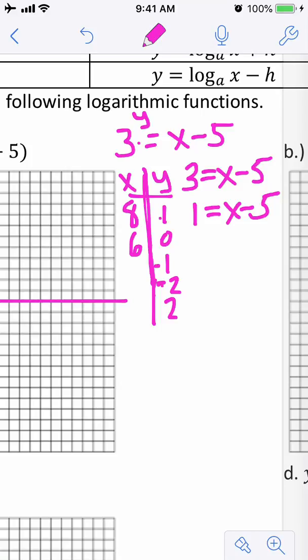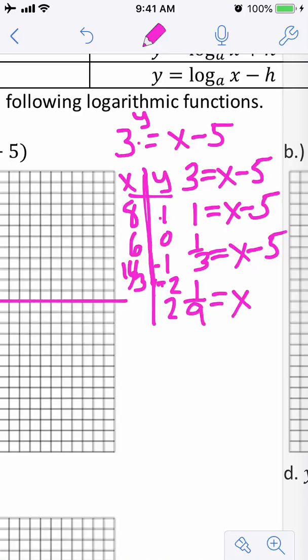Negative 1, you plug in negative 1, you get 1/3. This one's a little harder. x minus 5. We're going to add 5 to that. We get, let's see, 16/3. So x is equal to 16/3. You don't trust me, use a calculator. Plug in negative 2, we get 1/9. x minus 5.